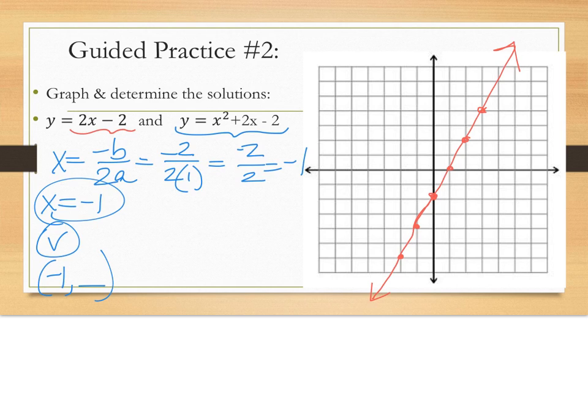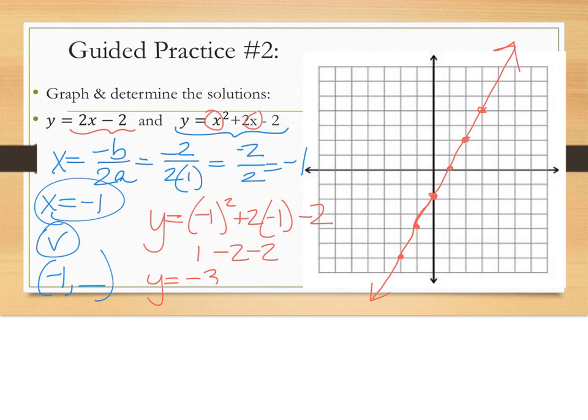We'll plug that in and find a y value to go with it. So let's put a -1 in for x. Y equals (-1) squared. Please use parentheses right there, or your calculator would give you the wrong answer. 1 minus 2 minus 2. Y equals -3. So we plugged in a -1, we got out a -3. That is our vertex.